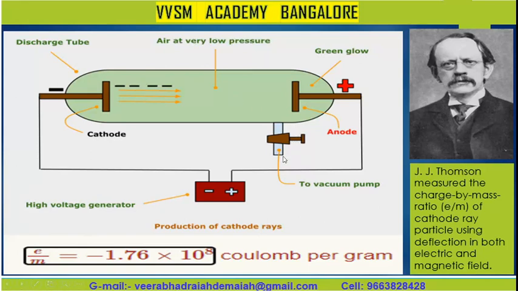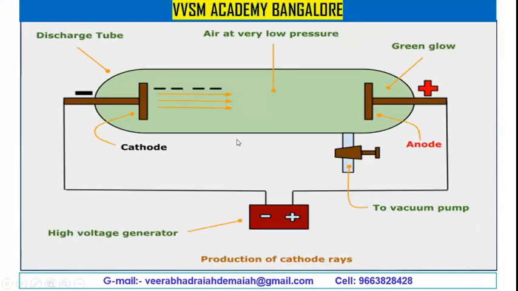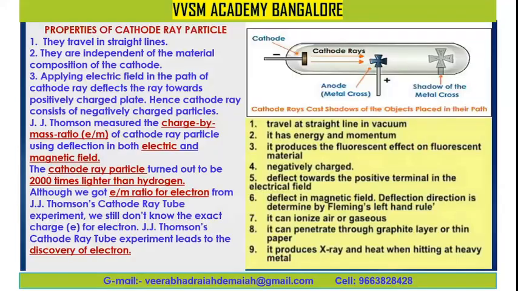Remove the air, evacuate it, and apply a potential difference, high voltage from a high voltage generator, and at very low pressure the rays start emitting from cathode to anode in the form of straight lines. This is the production of cathode rays. So this is the detailed diagram of the discharge tube.